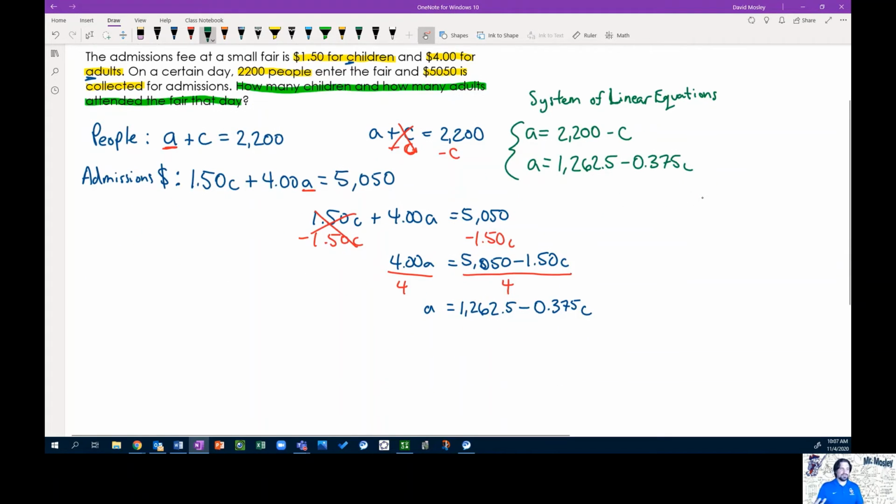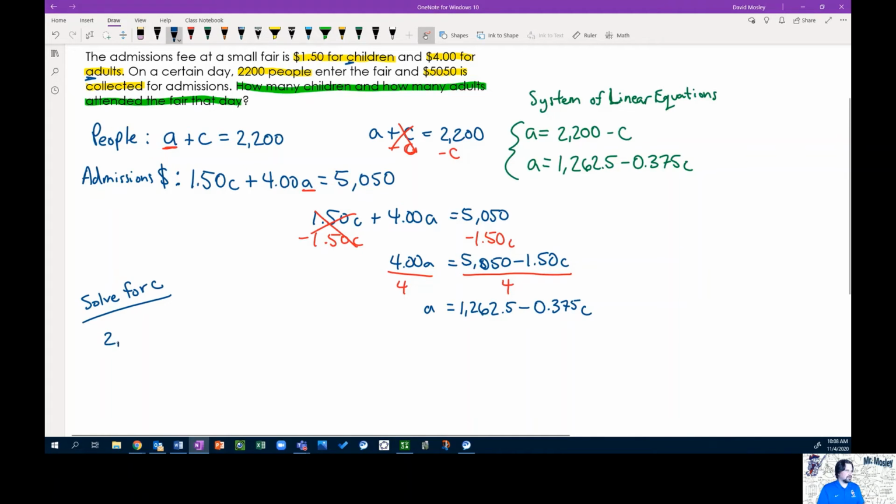One way to do this is to set the two equations equal to each other. They both equal A, so I can set 2,200 minus C equal to 1,262.5 minus 0.375 C. We need to solve this for C.